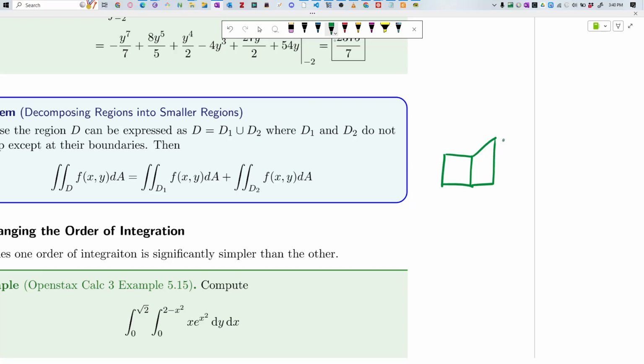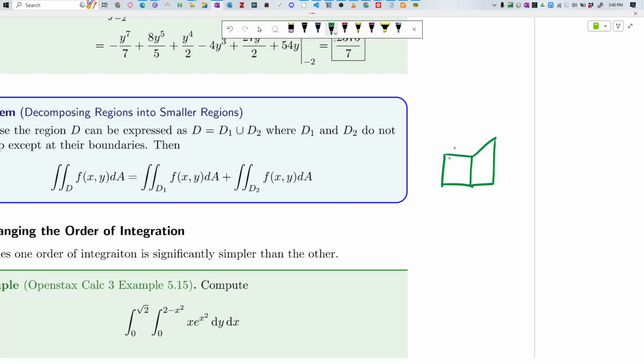If we try to integrate with respect to x on the outside, then the upper function would be this, and it's not. It changes right at this point, so it's not easy. You can't represent it as a type 1 integral. And you also can't represent it as a type 2 integral because that would make the lower function change.